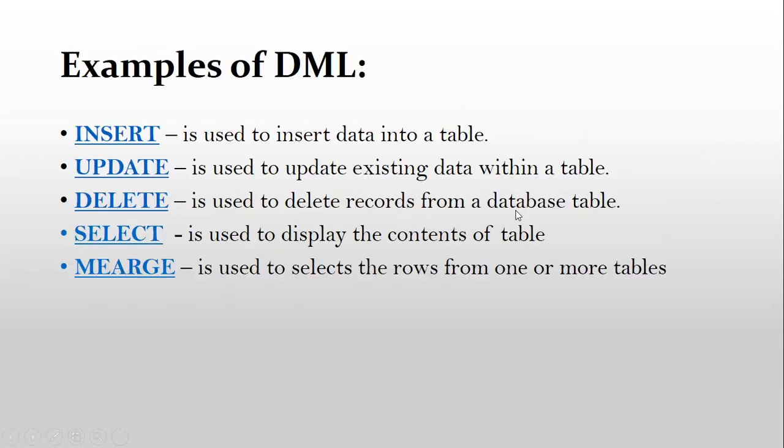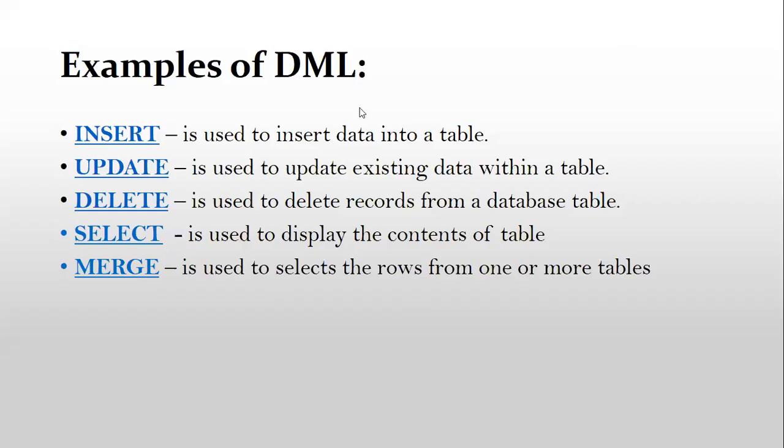Delete is used to delete the record from the table. And merge is used to select the rows from one or more tables. So these are the five DML commands we are going to discuss and implement by using the database handler, that is nothing but MySQL.